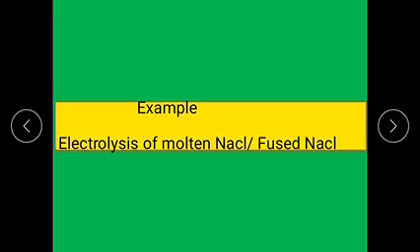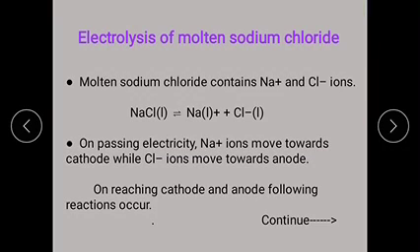Now let us see an example of the electrolysis process. Here you can see the electrolysis of molten NaCl, or fused NaCl. We have to take the molten NaCl as an electrolyte in the electrolytic cell.